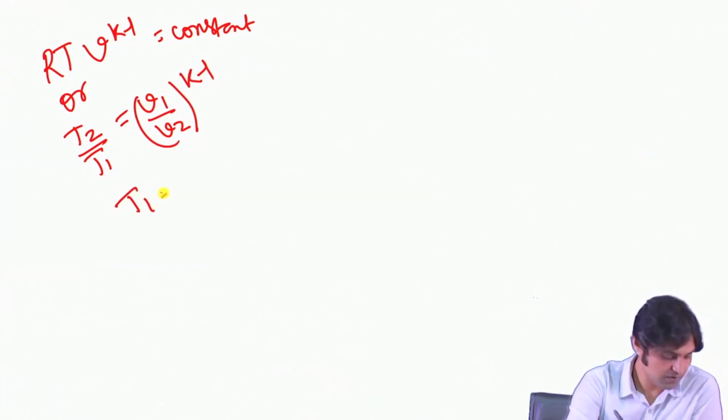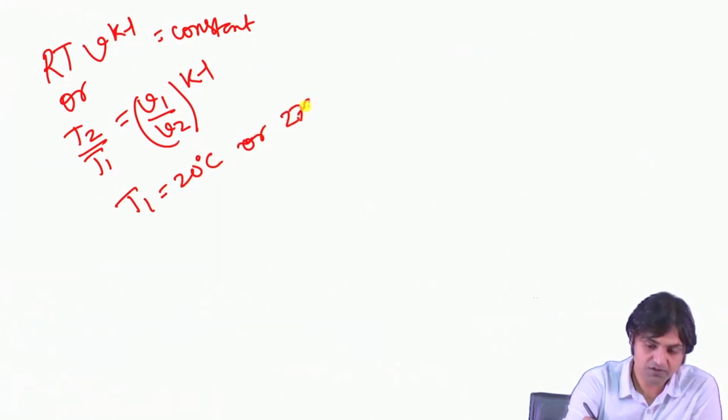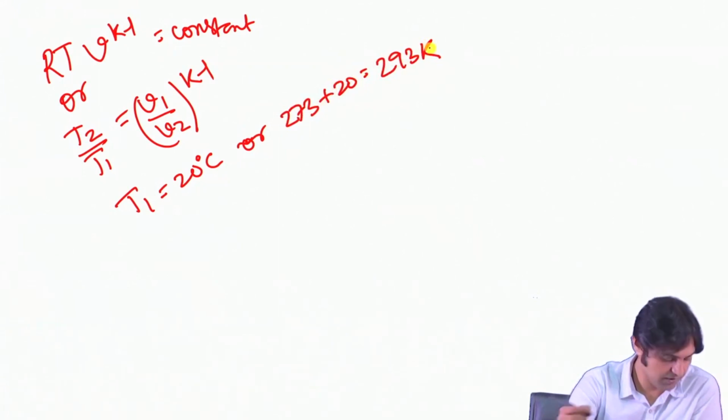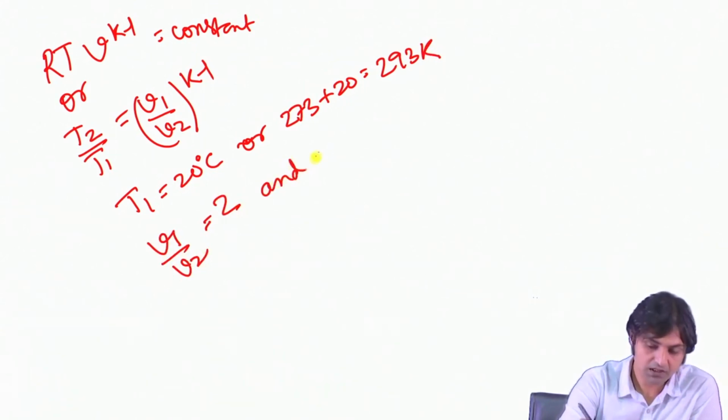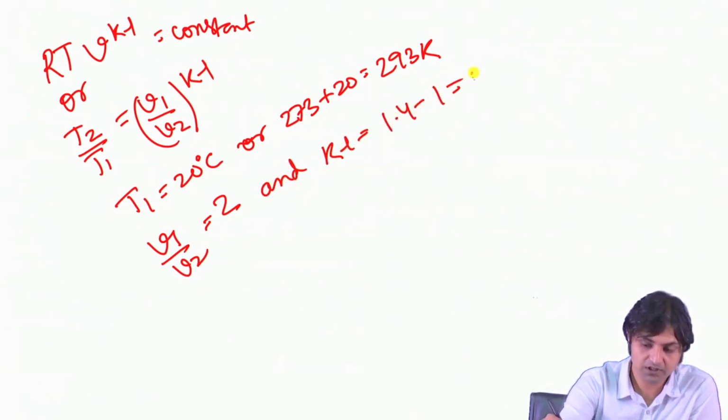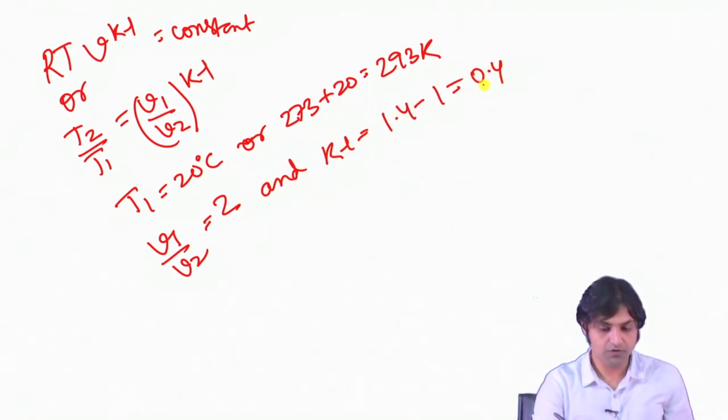We know that T1 was 20 degrees centigrade, or in Kelvin it's going to be 273 plus 20 is equal to 293 Kelvin, and V1 by V2 is 2, and k minus 1 will give 1.4 minus 1 as 0.4.